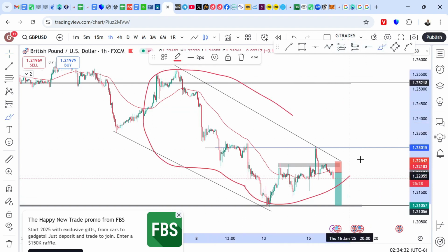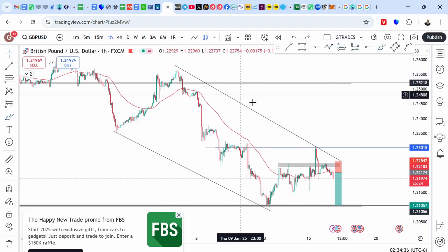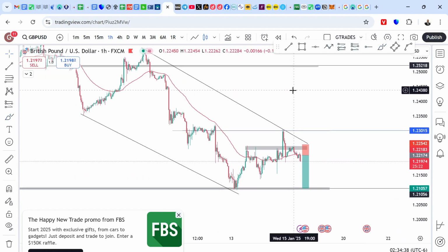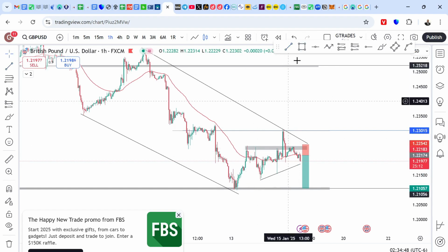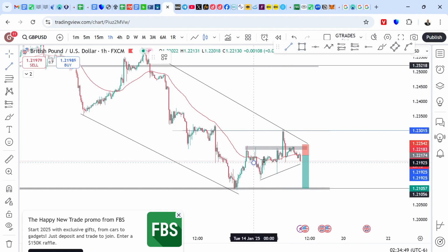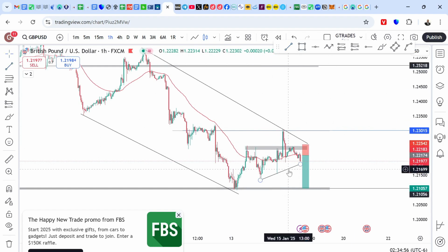And if you look at it properly, inside the structure, we still have some mini structure, right? You still have some internal structures that are showing us what the market makers are currently up to, right? So we have both internal and external structure, right? But that would be for another class. I wouldn't want to make this video so long.